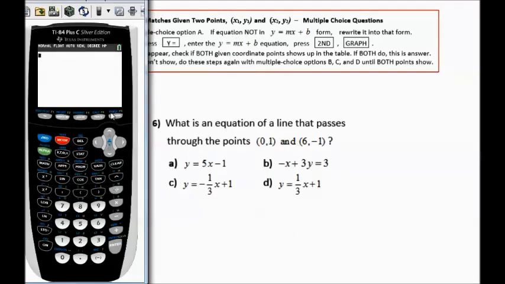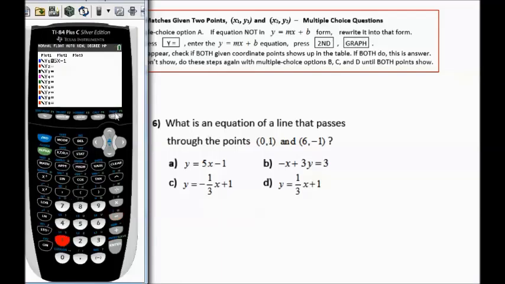Because your calculator, up here above the graph button, provides you a table of the points of each line you graph, you can go and graph your first equation, y is equal to 5x minus 1. Just press the y equals button and type 5x minus 1.